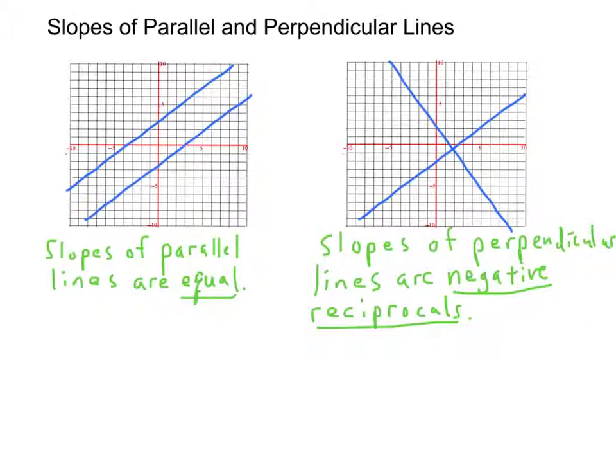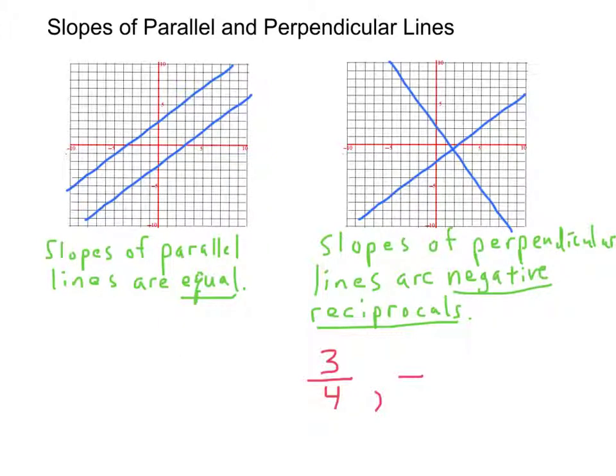Now you might wonder, what are negative reciprocals? Well, first of all, if the slope of one line is positive, then the slope of the other line has to be negative. So they'll have opposite signs. But they'll also be reciprocals. So if the slope of one line was, for example, 3/4, then the slope of the other line would have to be negative, and also the reciprocal, so meaning the fraction would be flipped.